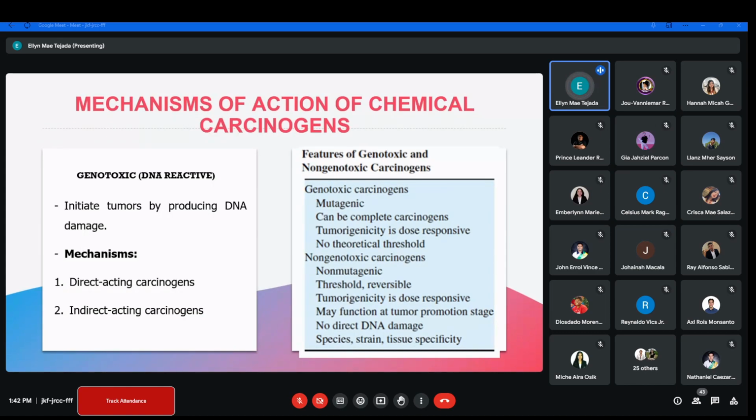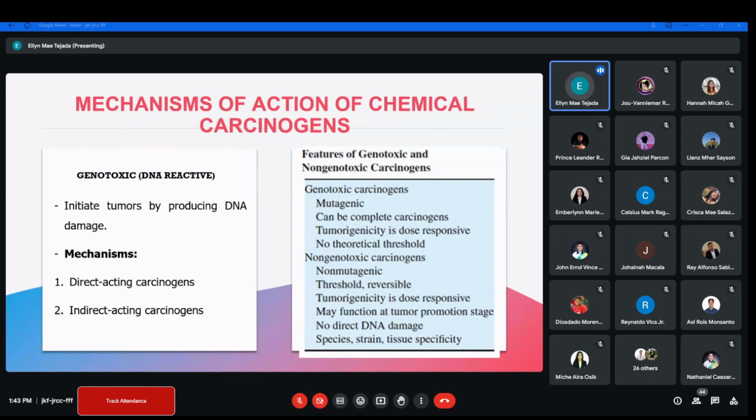Now, DNA reactive carcinogens can be further subdivided according to whether they are active in their parent form. For example, the direct acting carcinogens are agents that can directly bind to DNA without being metabolized. And we also have those that require metabolic activation, the indirect acting carcinogens.